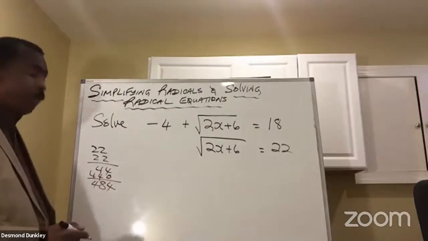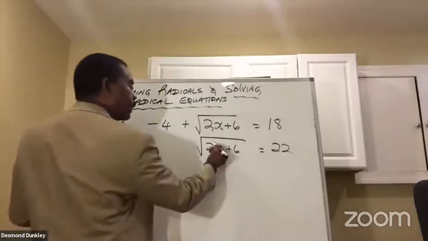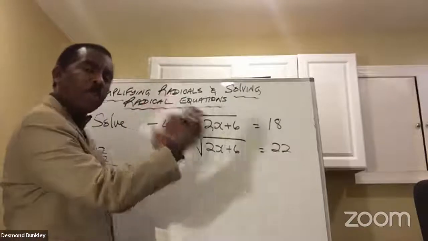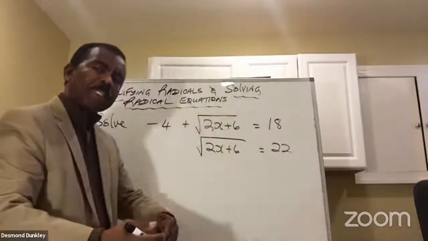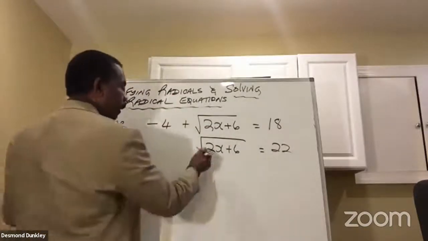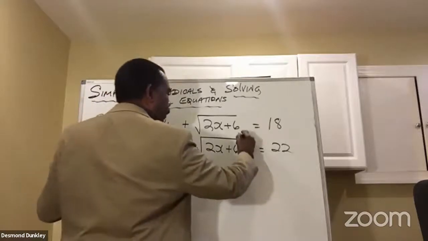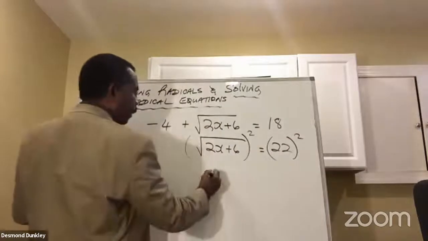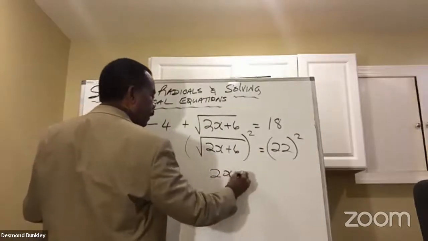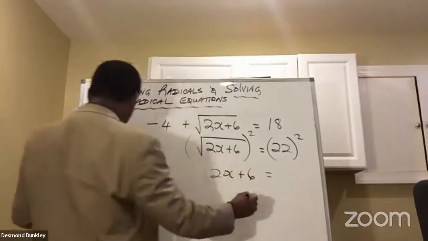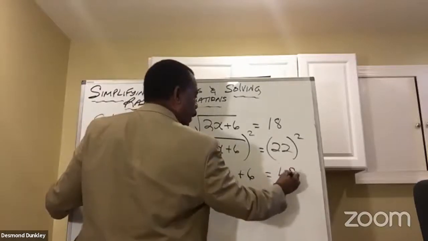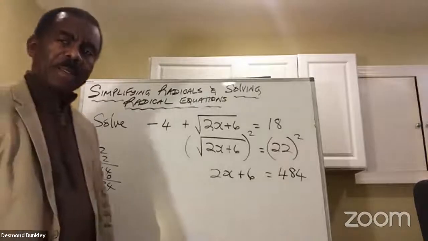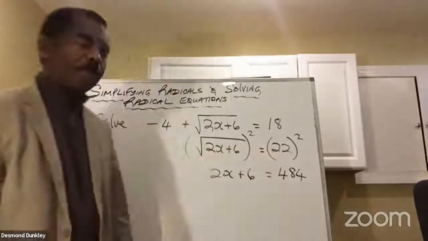Oh, we got it, 484. So when I square this side, the radical disappears. Because when you multiply a square root by itself, the square root goes away. So the left becomes, when I square this, and I square that, I end up with 2x plus 6 equal to 484. 22 squared is 484.